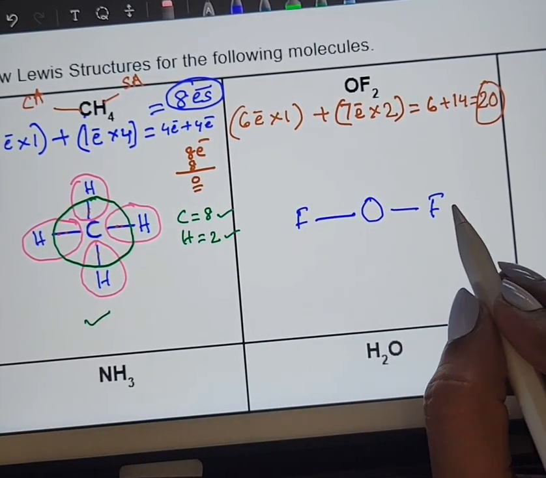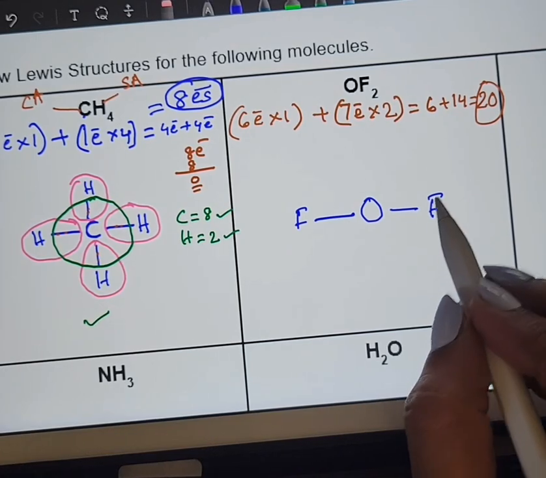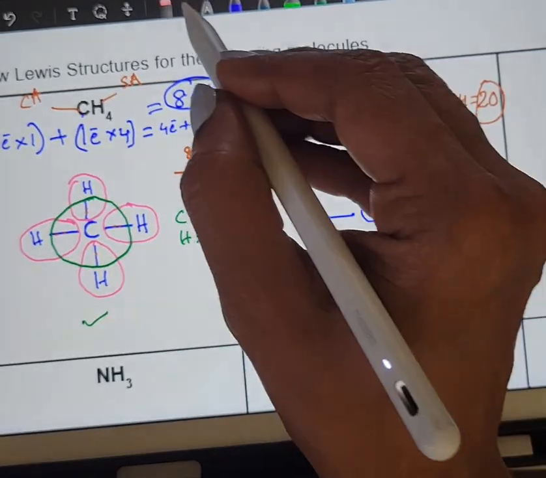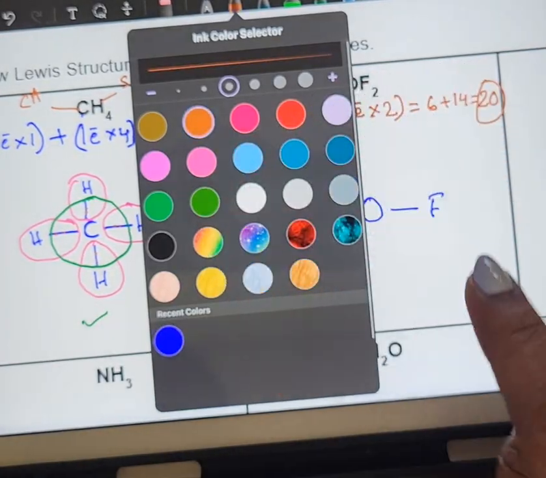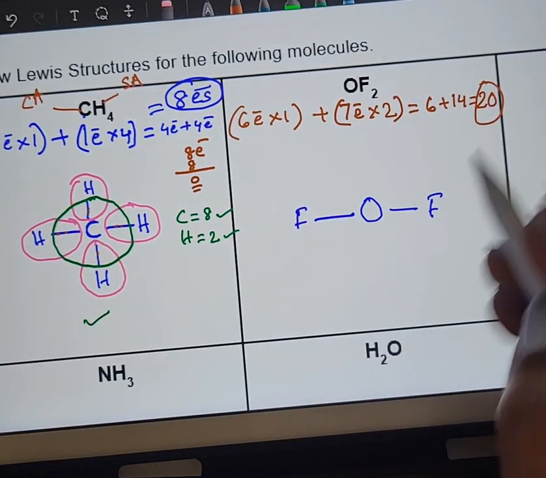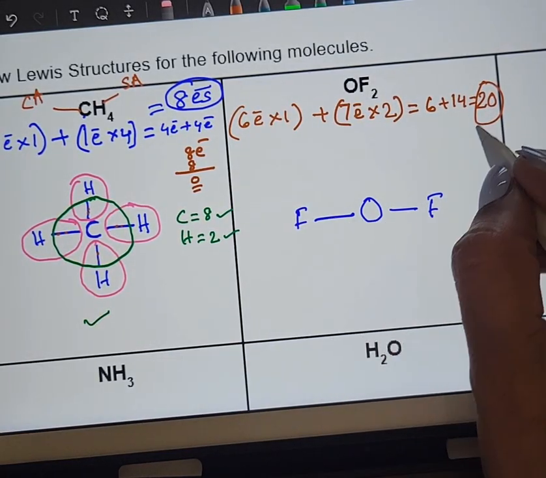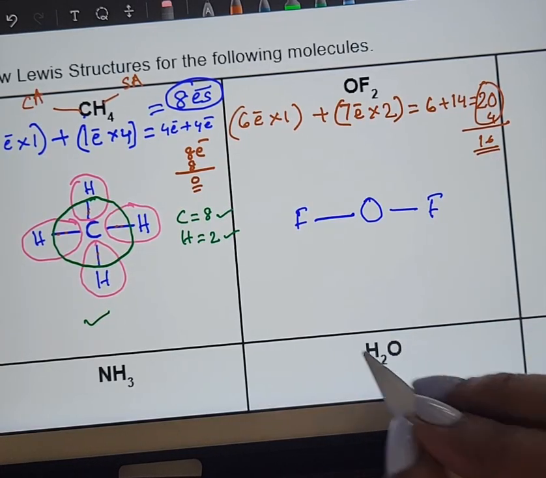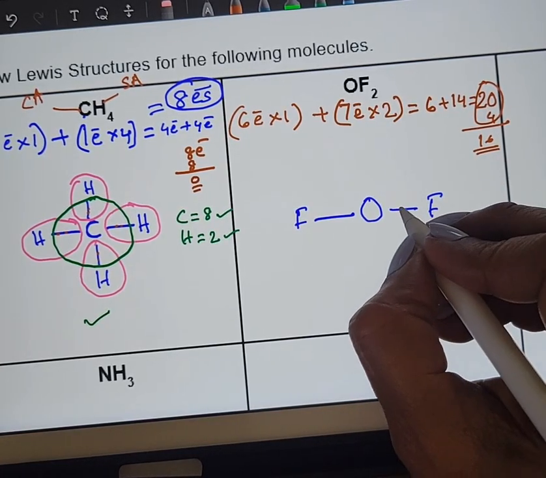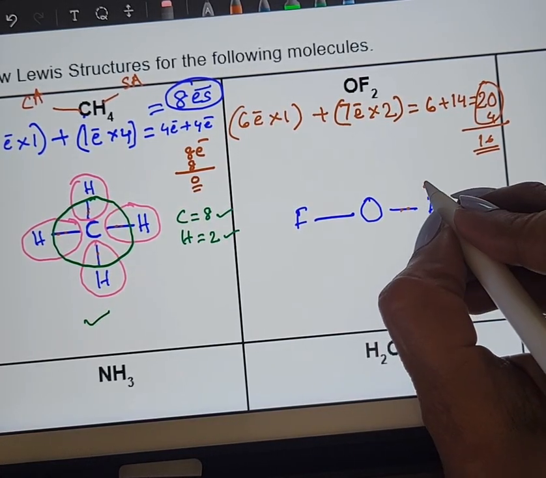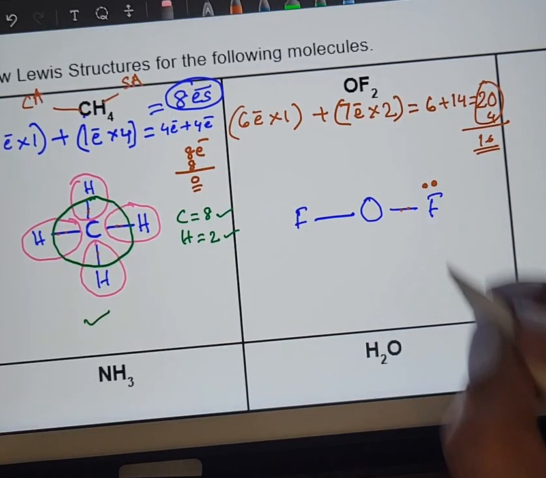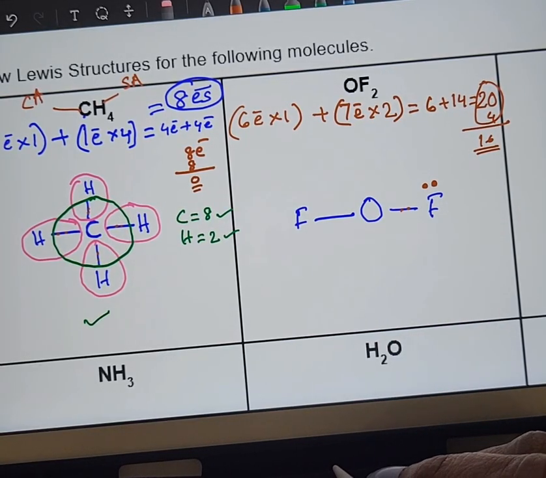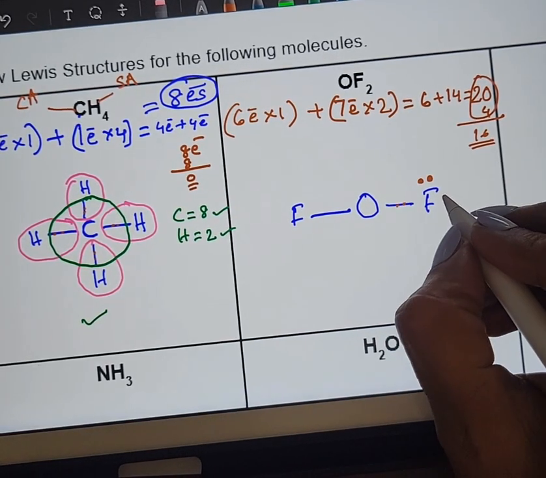So now we have to make the surrounding atoms happy. Here we have 20 electrons. We used only 4, so 16 electrons are there. There are already 2 on each fluorine, and it needs 6 more. I'm going to give the pair, which is called a lone pair, because they are alone. They didn't share with anyone.